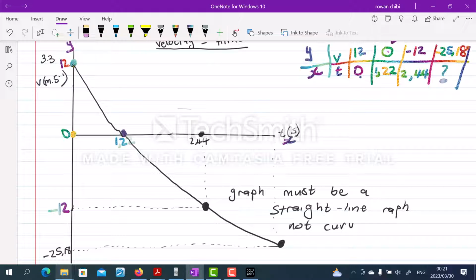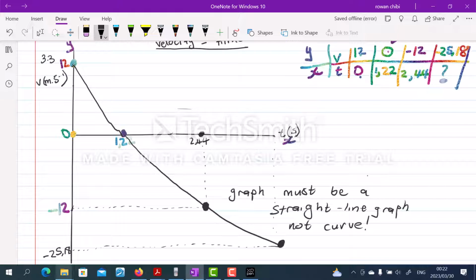But you can see what I was trying to do, so I hope you can get a straight line graph when you draw your graph. So yeah, it's a straight line from there down straight to there.